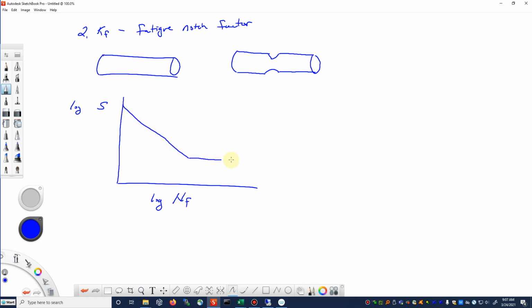Now if we think of our SN curve in kind of the longer life region, 10 to the 3, 10 to the 6 or so, again, these are just estimates of when these things would bend over and the endurance limit and so forth. If this is our unnotched bar, if everything else is the same, but we incorporate a stress concentration in it, we will tend to have shorter fatigue lives at the same nominal stress.